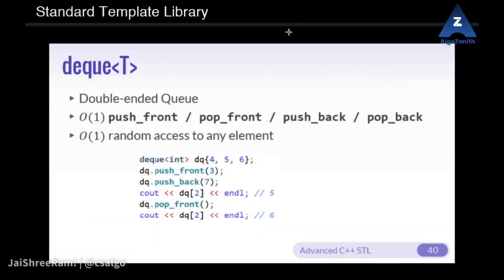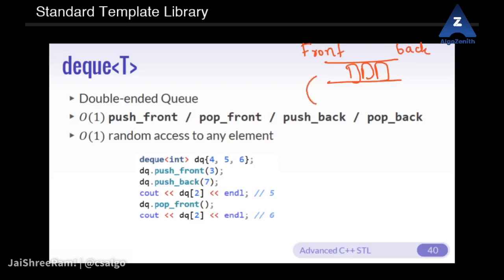Next we come to dq, which is like a doubly ended queue, okay. So this is the diagram for dq if you want to keep something. So there are a lot of elements in the pipe over here, so let's suppose this is the front and this is the back.